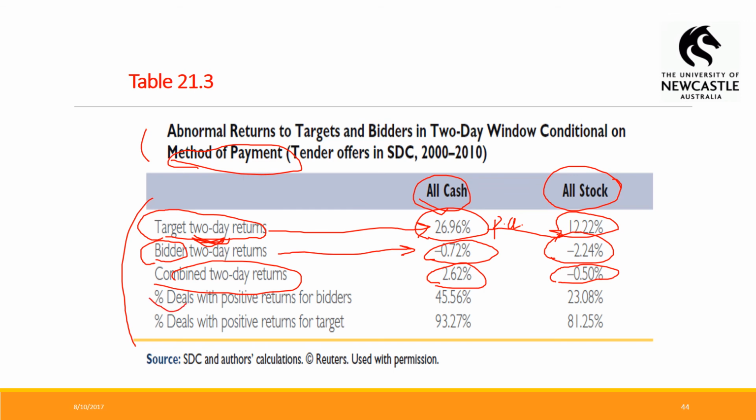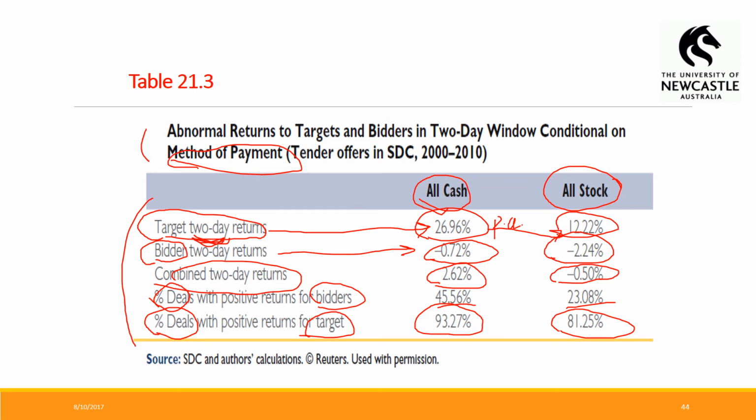Looking at the proportion of transactions where bidder shareholders earn positive returns, it's around 45% in the all cash transactions and 23% in the all stock transactions. Whereas for the target shareholders, most of the time they earn positive returns, right?